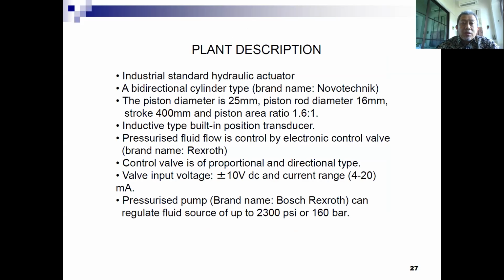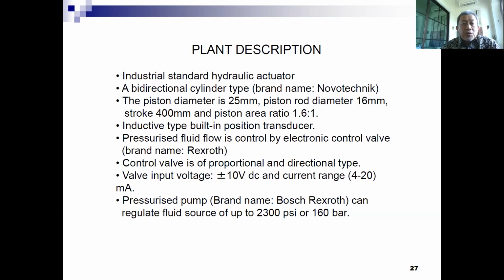The description of the plant: it is a hydraulic actuator, brand Novotechnik, with a piston of 25 mm, piston rod 16 mm, and a stroke of 400 mm. Stroke means the maximum the piston can go, about 40 centimeters forward, then 40 centimeters backward. One centimeter is 10 millimeters, so the maximum is 40 centimeters, which is equivalent to 400 mm.